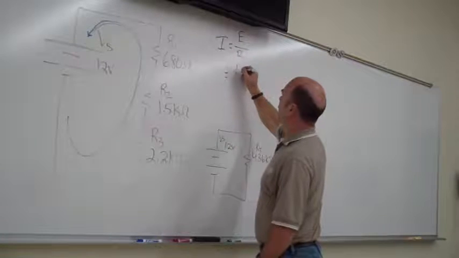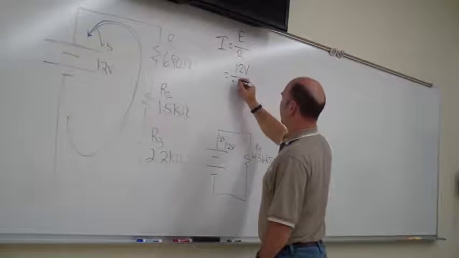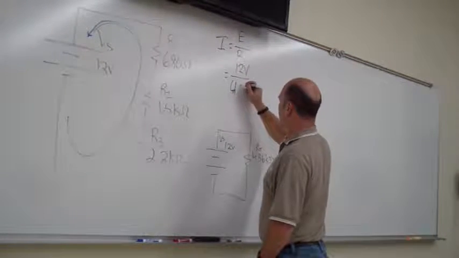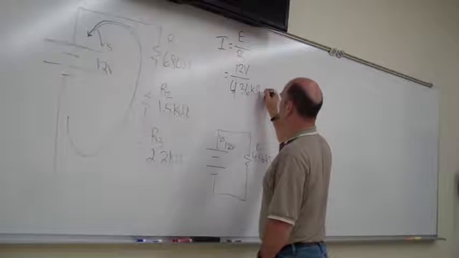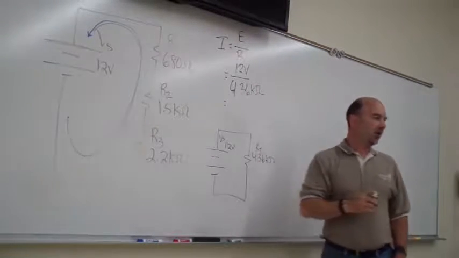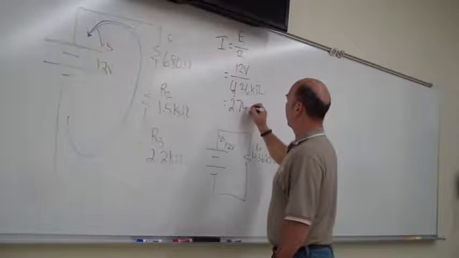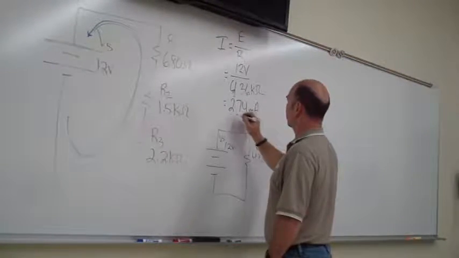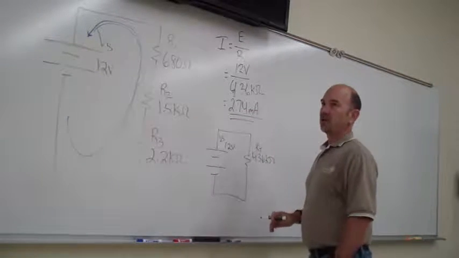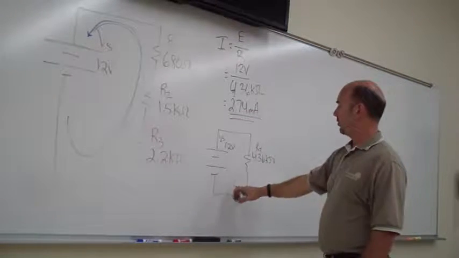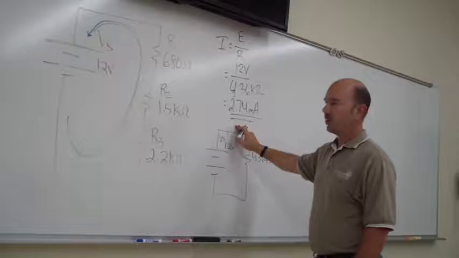So that means it's going to be 12 volts divided by 4.36 K ohms. And in this case, it will be a total current of 2.74 milliamps.